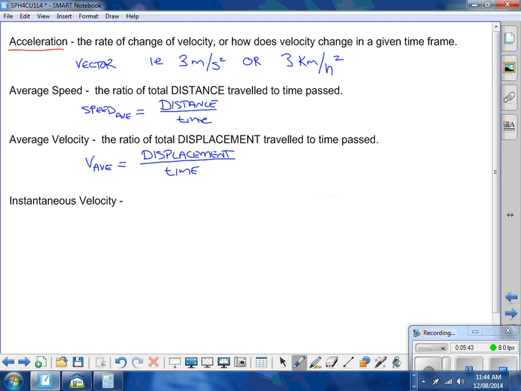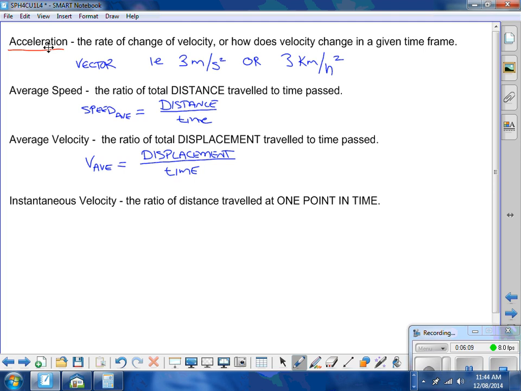And finally, the last one is your instantaneous velocity. This is the ratio of distance traveled at one point in time. Your speedometer is really an indicator of that. It indicates how fast you're going. It just doesn't tell you the direction. Hopefully, you're looking out the window to know whether you're going forward or backward.